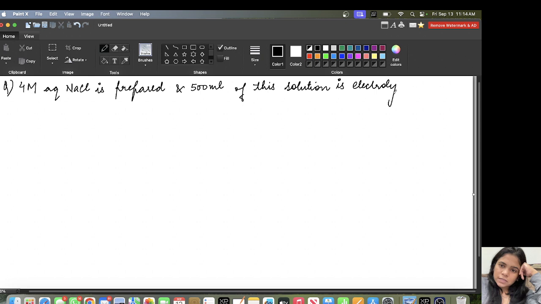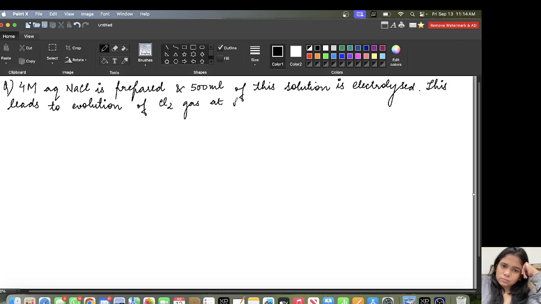This leads to the evolution of Cl2 gas at one of the electrodes.